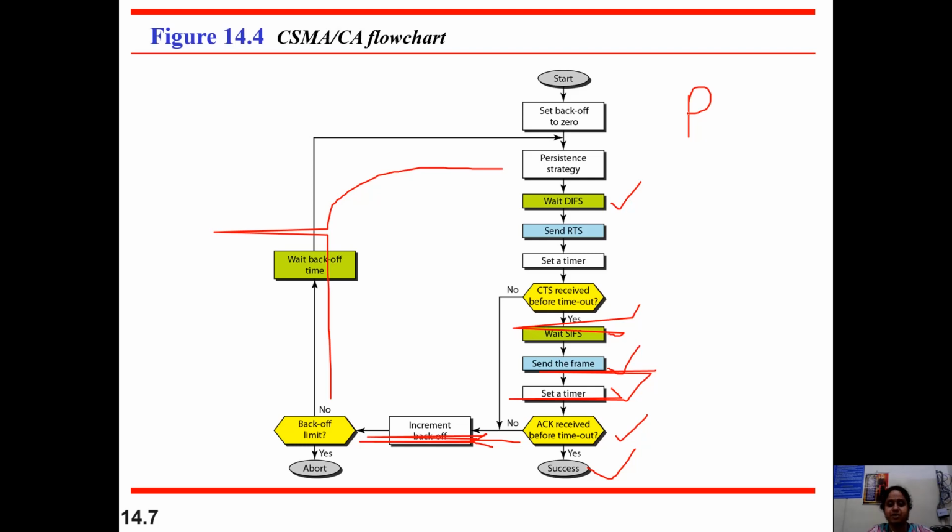Let me summarize this part. If the access point and a station want to send the data simultaneously, where the access point is using PCF and the station is using DCF, whenever they are eligible to send the data, before that they will have to wait for certain time.